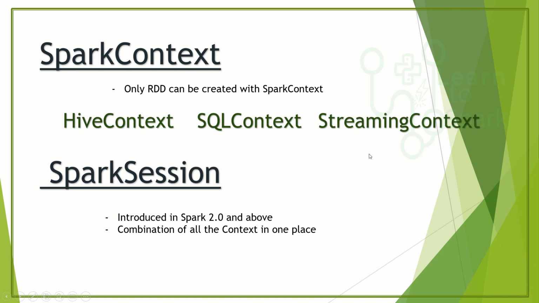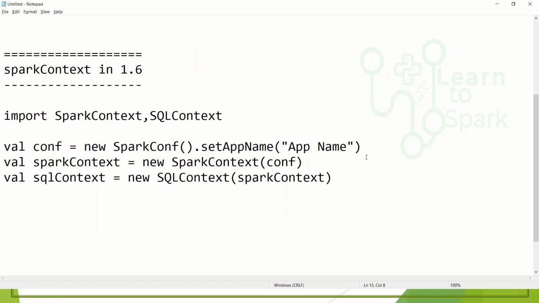Let us have a small example of this. These few lines show how we create a Spark context and the SQL context in Spark version 1.6. Here you can see first we have to define a configuration and then set an app name, and if we have any additional configurations we have to give them on the same line itself.